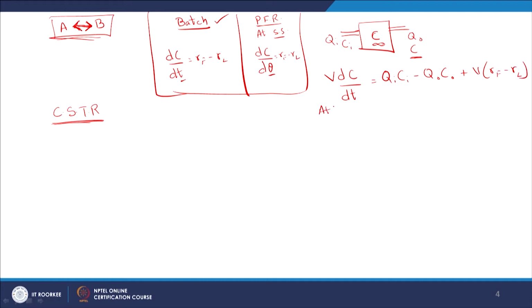At steady state, and also assuming that Q in equal to Q out, otherwise the volume is going to change, this is going to be 0. I'm going to divide by volume too. So 0 equals Q by V into C in minus C out, plus rate of formation minus rate of loss. And what is V by Q?